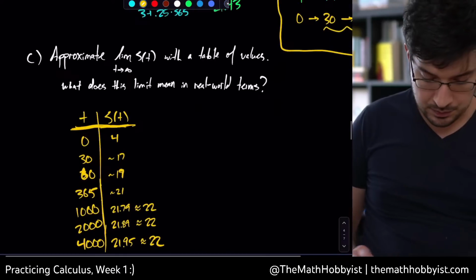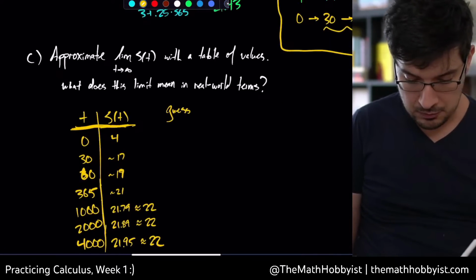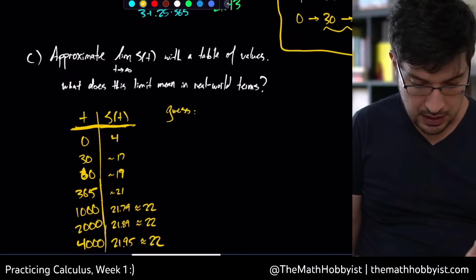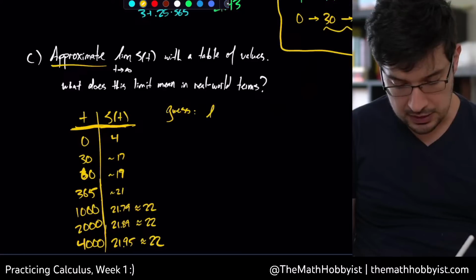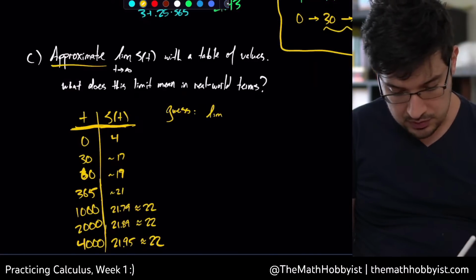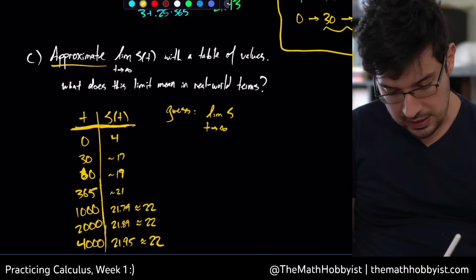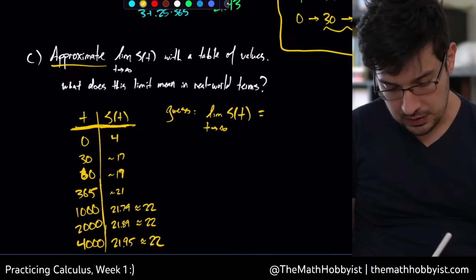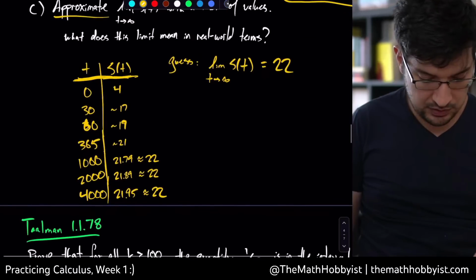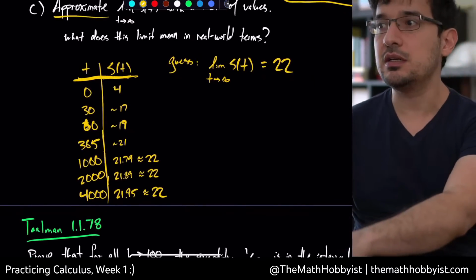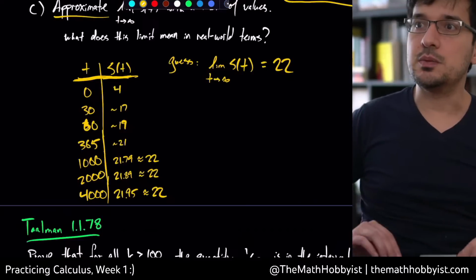So our guess, our approximation, is going to be that the limit as t tends to infinity of s of t looks to me like it's going to be 22, because these numbers keep approaching 22.